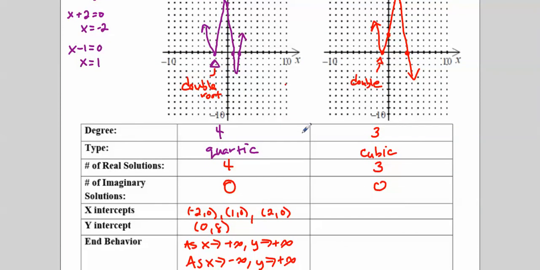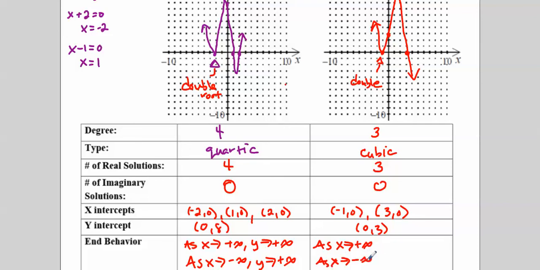Okay, x-intercepts. I have one over here at -1, 0, and one over here at 3, 0. The y-intercept is at 3, 0, 3. Okay, your end behavior. You can always start by filling in as x goes to positive infinity and as x goes to negative infinity.